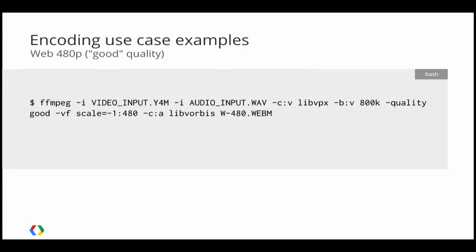-b:v is the bit rate. So I'm going to set the target bit rate of this file to 800 kilobits per second. What does that mean? That means I tell the encoder, okay, if you can encode any frame or segment or one second's worth of video in these streams using less than 800 kilobits of data, go for it.